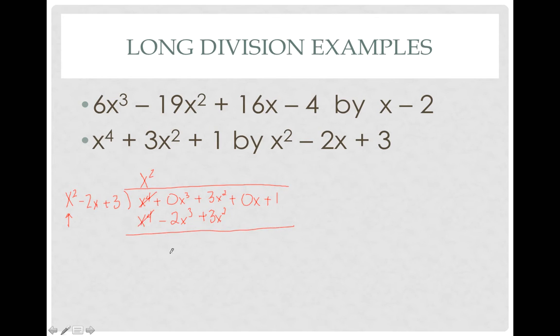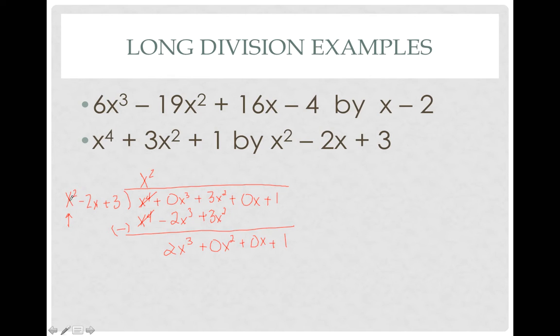So I subtract. 0 minus negative 2 is 2. 3 minus 3 is 0, so let's just keep it in there, plus a 0x squared. And I'm going to bring down all of my other pieces that are still there.